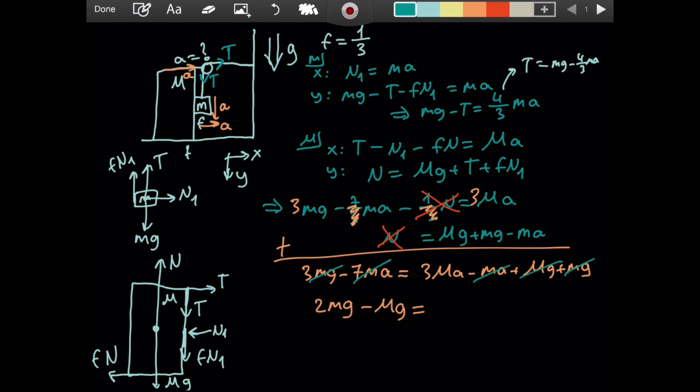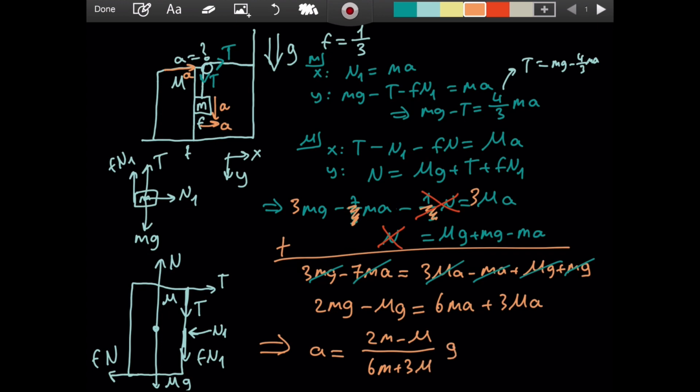So plus 7 minus 1, plus 6 ma. And then finally we handle this guy. It stays as it is, plus 3 Ma. Which means that a is going to be equal to 2m minus M divided by 6m plus 3M, times g.